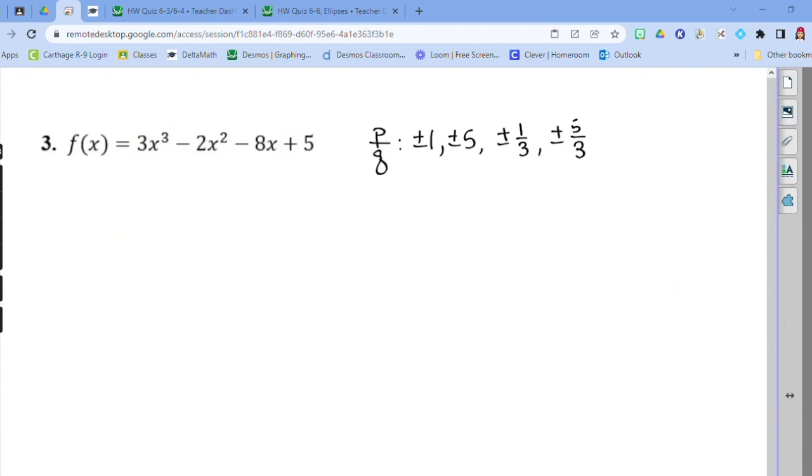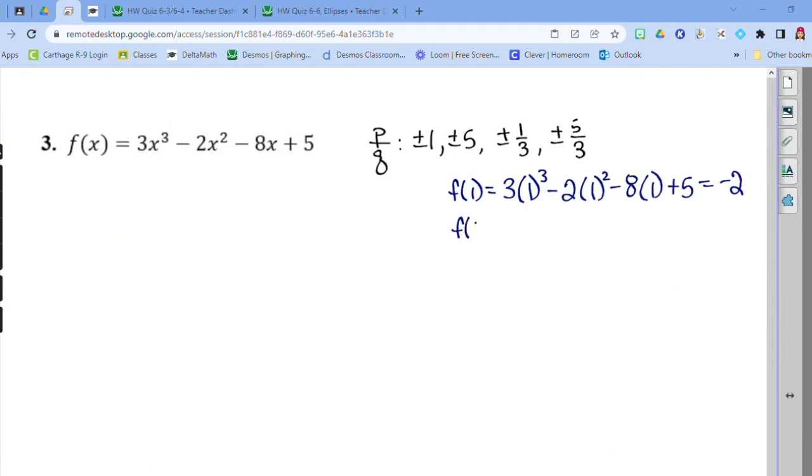So evaluate it for 1. 3 times 1 cubed minus 2 times 1 squared minus 8 times 1 plus 5. So 3 minus 2 is 1, minus 8 is a negative. Altogether, that gives us a negative 2, so that doesn't work.